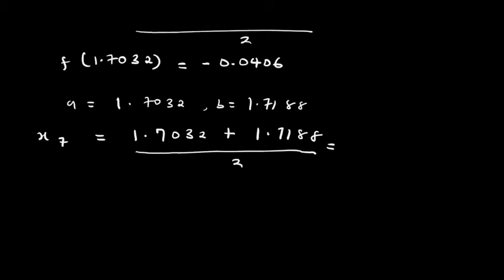This gives us 1.711. So f of 1.711 is equal to negative 0.0151.